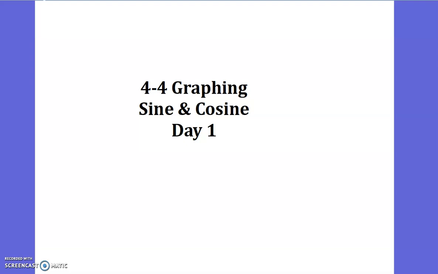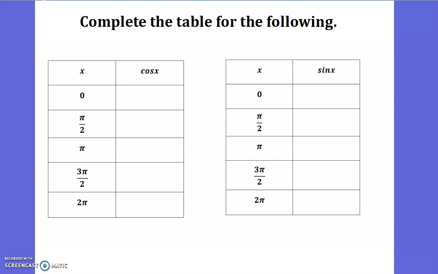So to start, if we were going to graph something that we did not know what the graph looked like, so if I wanted to talk about how the cosine graph or the sine graph looks, how would I start? Well, I would start by making tables.